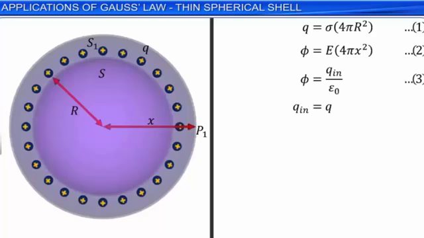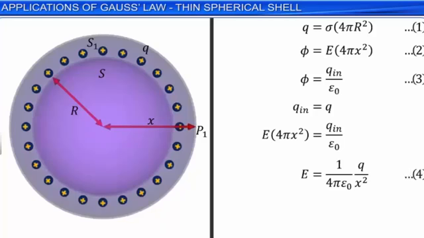From equations 2 and 3, we see that E into 4 pi x square is equal to Qin by epsilon naught. Substituting Q for Qin and simplifying this expression, we get the magnitude of the electric field E is equal to 1 by 4 pi epsilon naught Q by x square. Let this be equation 4.